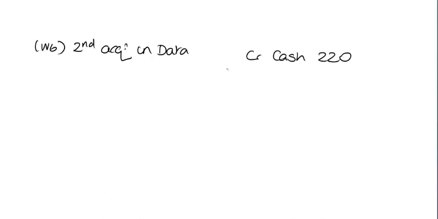Note 4, we've got the financial assets. So I'm going to set up a new working. In respect of financial assets, the borrower was in financial difficulties and its credit rating had been downgraded.